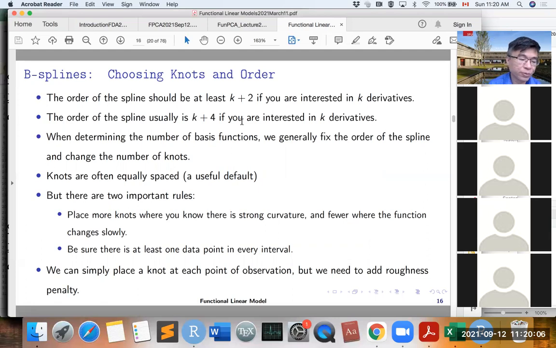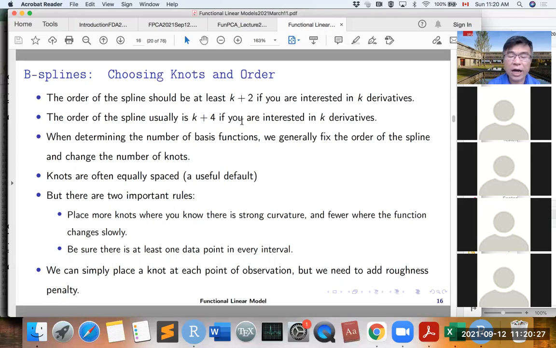For example, we are very unlikely to choose an order greater than 6 B-splines, because order 6 B-splines means you are choosing degree 5 polynomials.